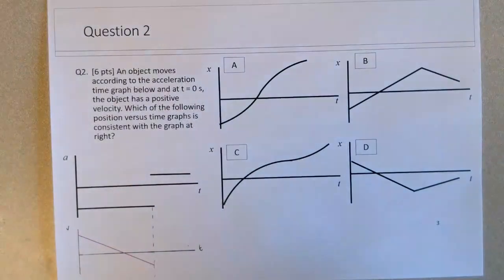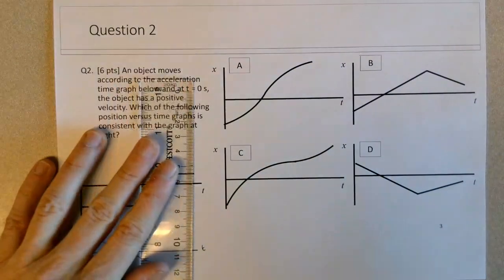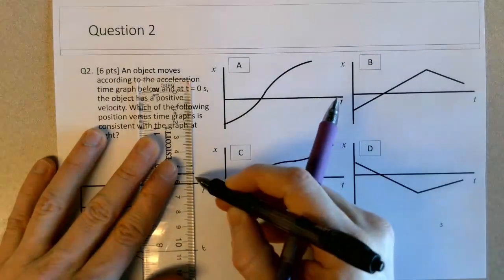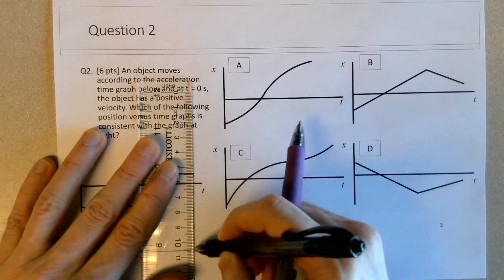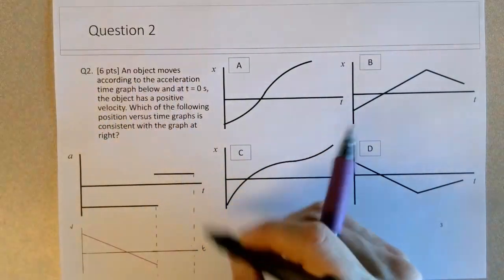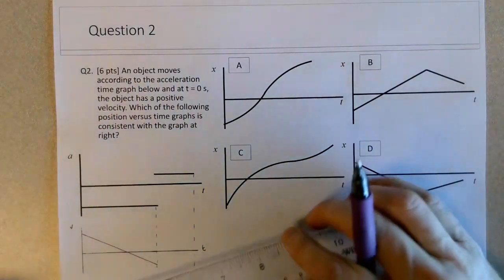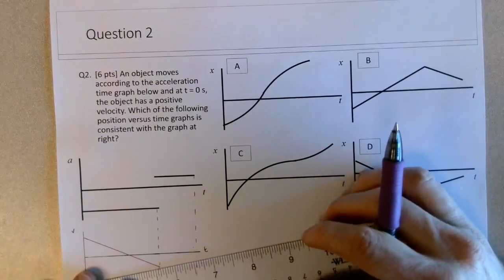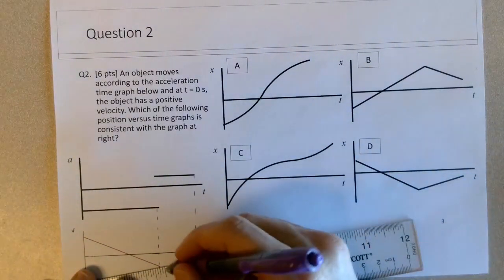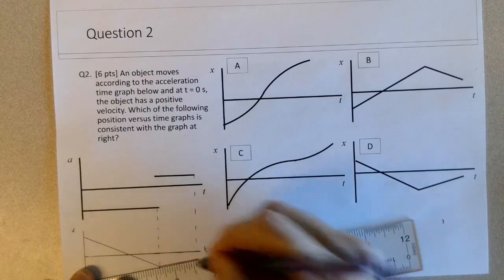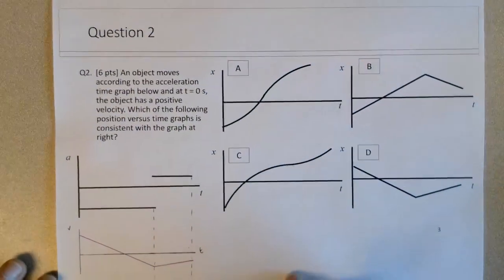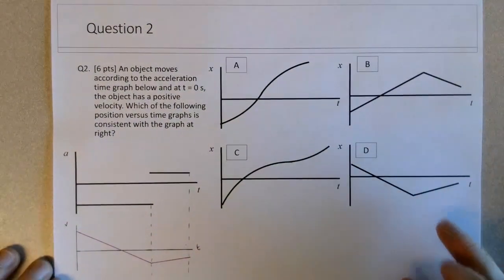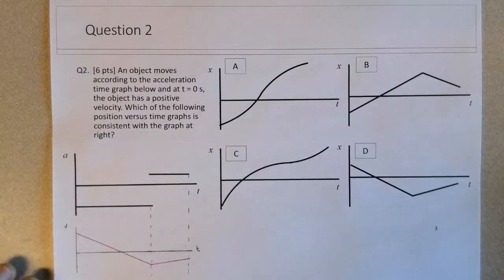And then we'll have a shallower slope for the second acceleration. That's a positive slope. So this would be a consistent v-t graph, which is why D is a distractor. D is actually the shape of the velocity time curve and not the position time curve.